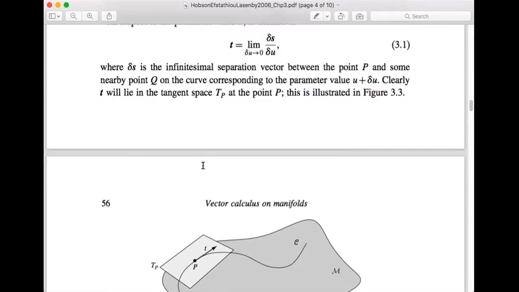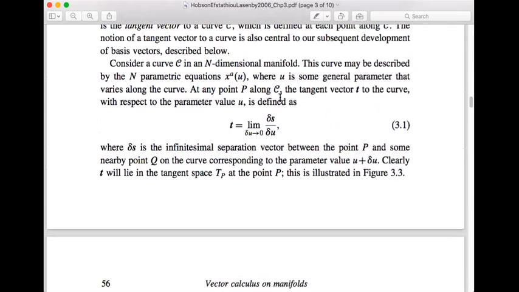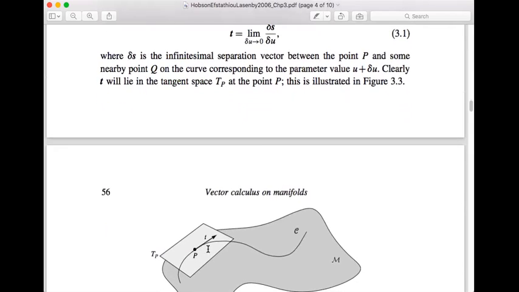Maybe the only point that needs a little clarification is that he says the tangent vector is with respect to the parameter value u. Now, the tangent vector to that curve always points in this direction, regardless of what parameter you choose to parameterize that curve with. There are different possibilities.